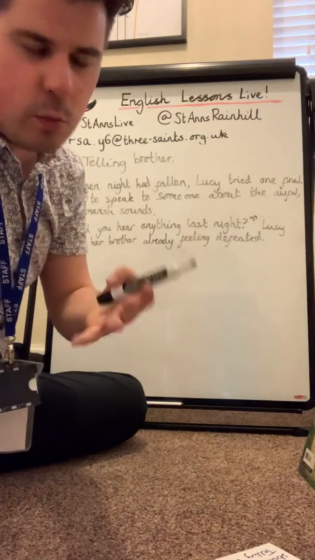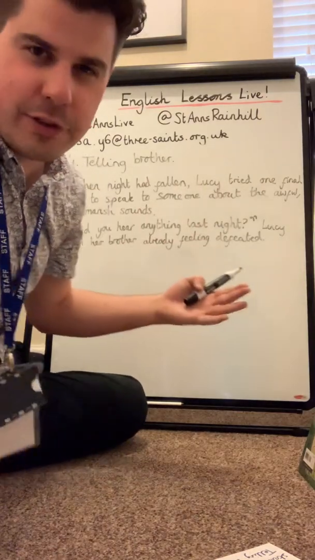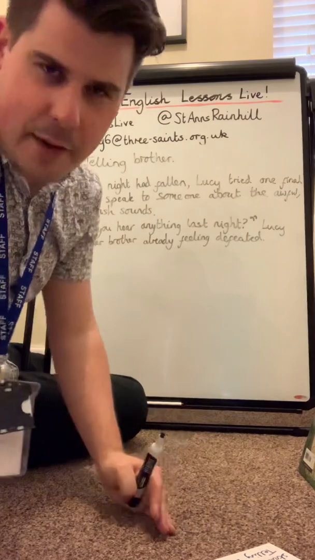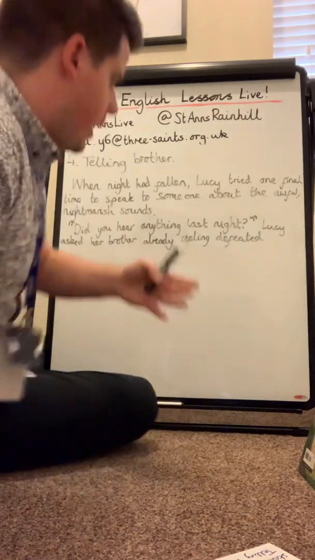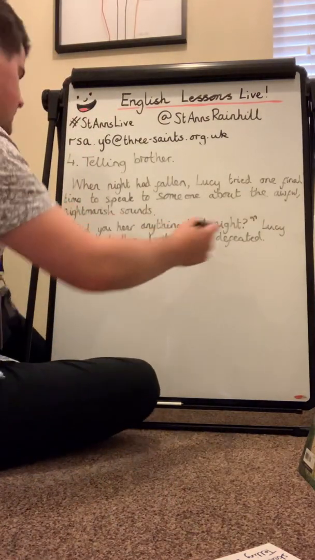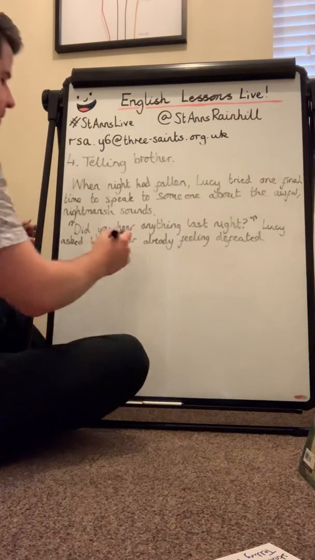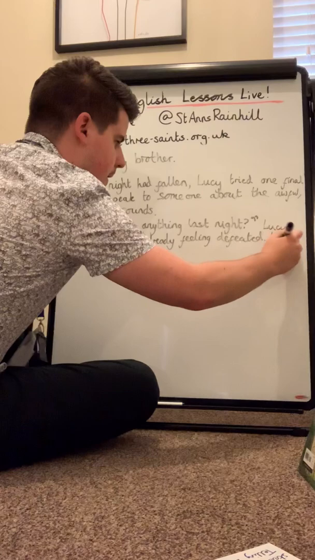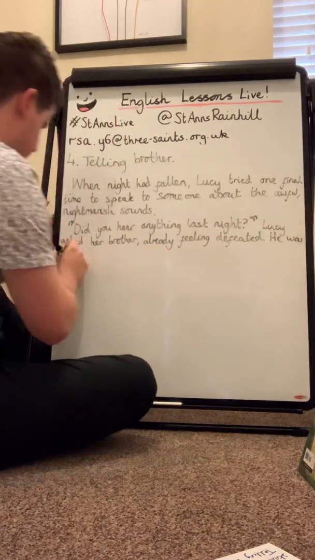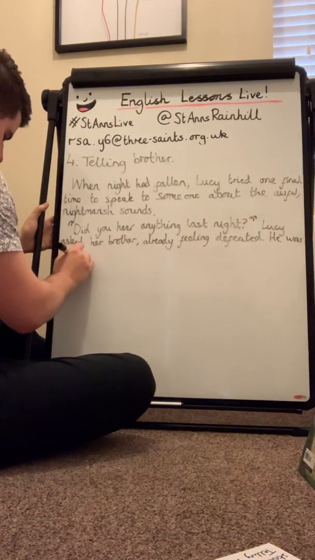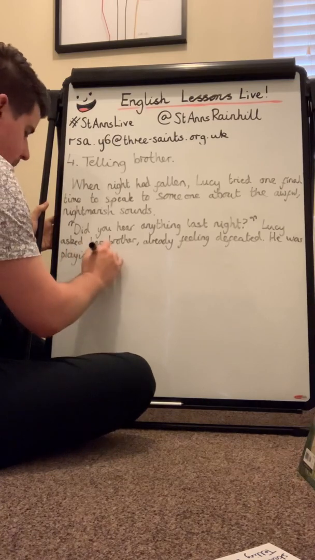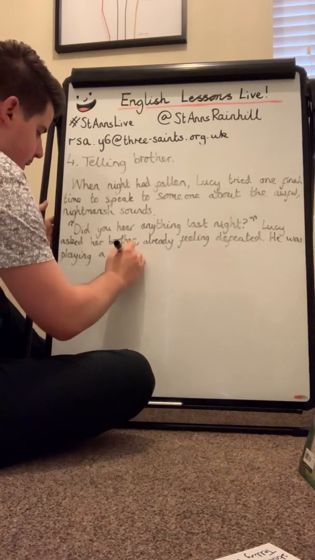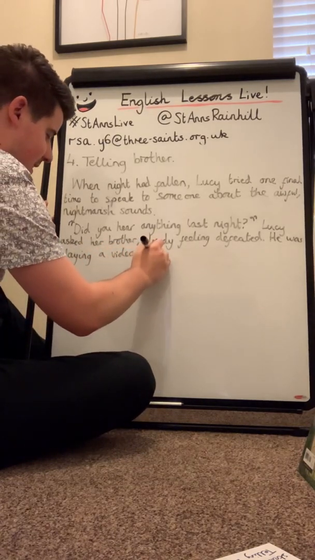So what could he be doing? He could be playing a video game, couldn't he? You know, Mum was watching TV, Dad was playing the tuba, he could be playing a video game. So, did you hear anything last night? Lucy asked her brother, already feeling defeated. He was playing a video game, and maybe we could have this idea that Lucy wasn't even expecting an answer.